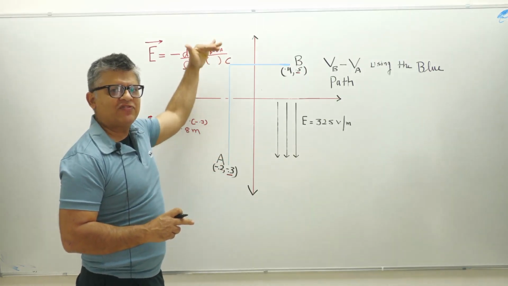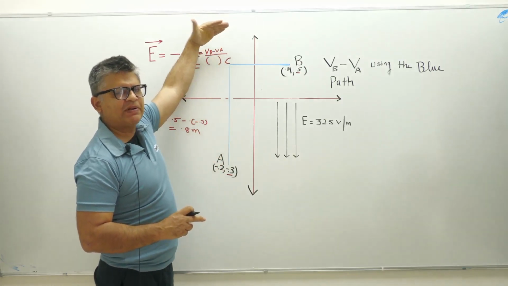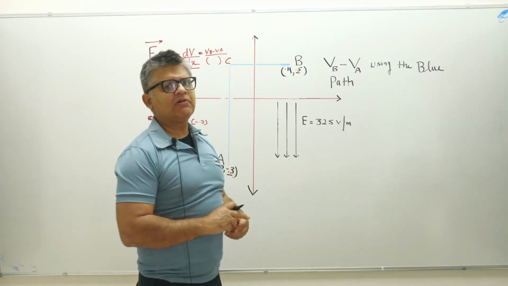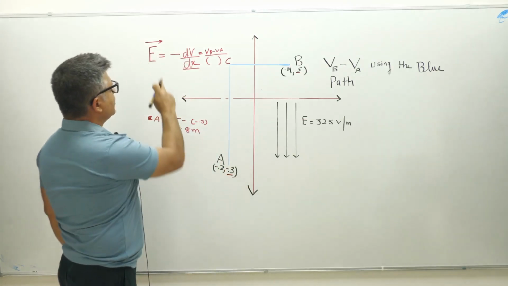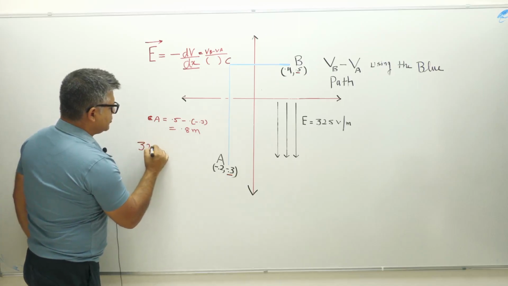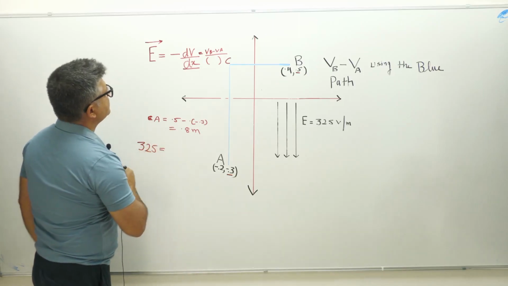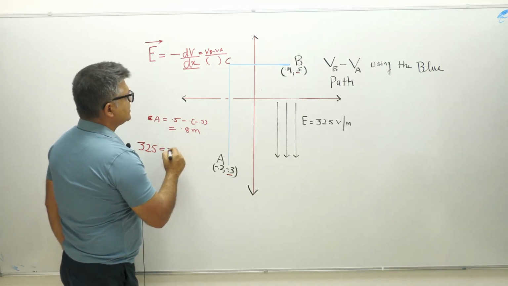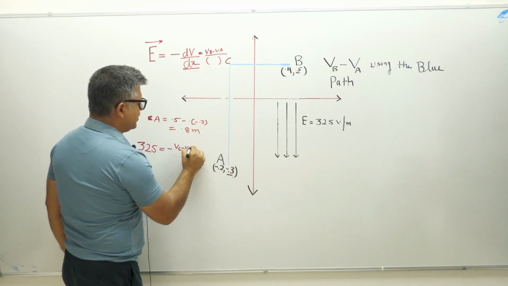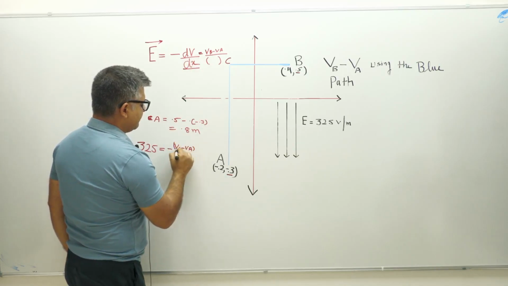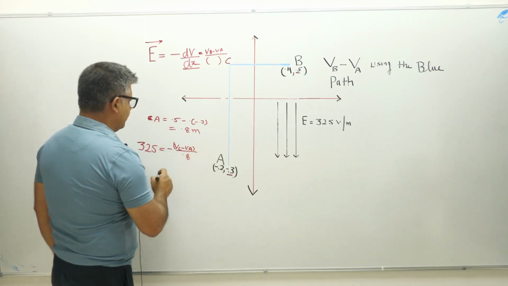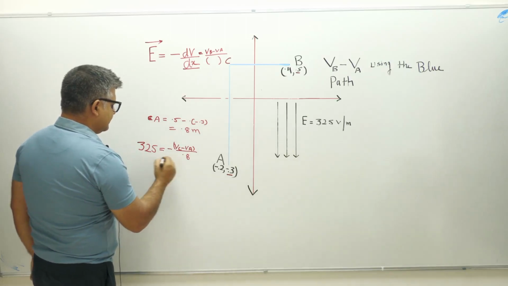As you go down away from the charged sheet, hypothetically, C is at higher potential than A. So I'm going to calculate VC minus VA using this formula. I know my electric field is 325 and is equal to minus dV, the change in potential, which is VC minus VA, divided by 0.8.